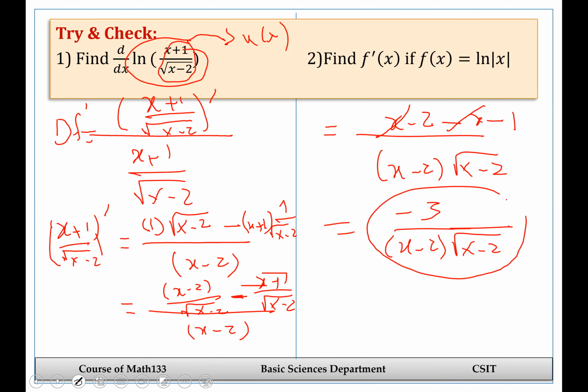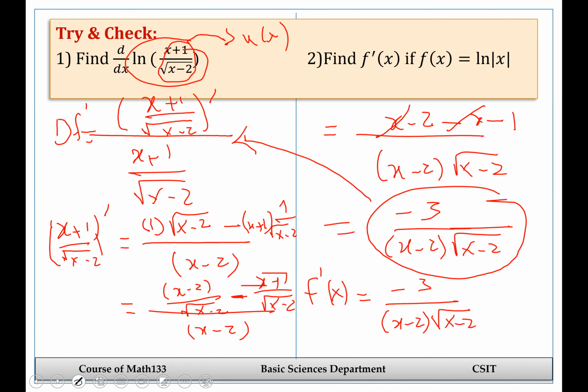Plug this in the result here, and the derivative will be equal to minus 3 over x minus 2 root x minus 2, and flip the denominator, this one will be flipped, so times root x minus 2 over x plus 1.